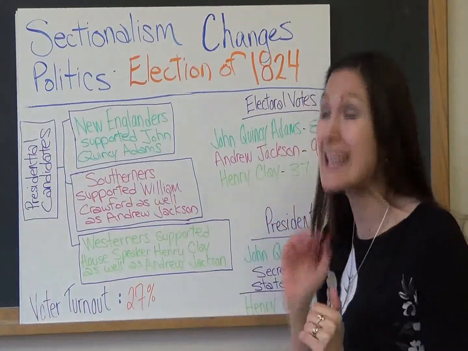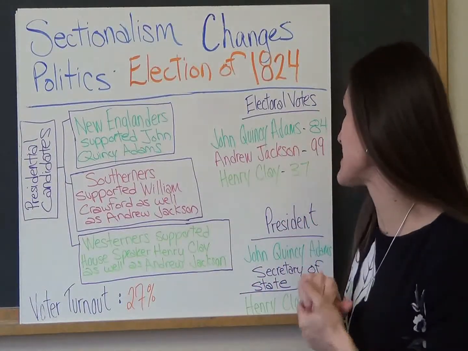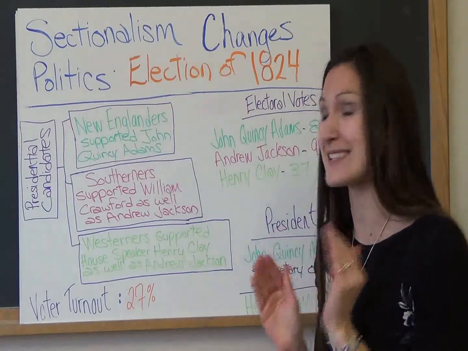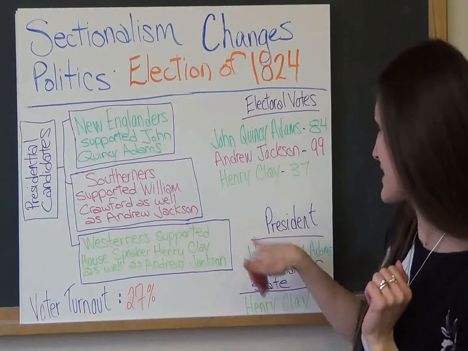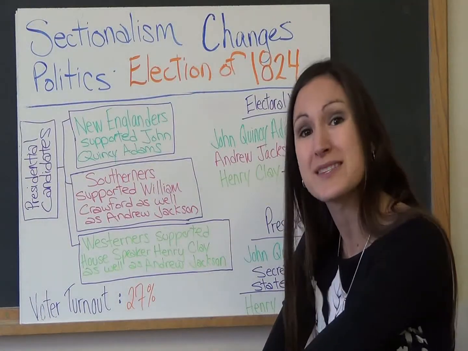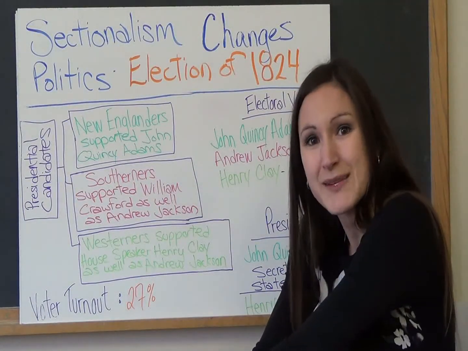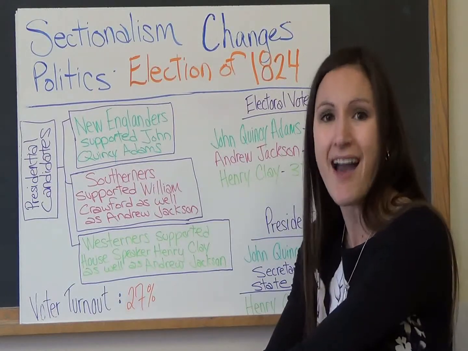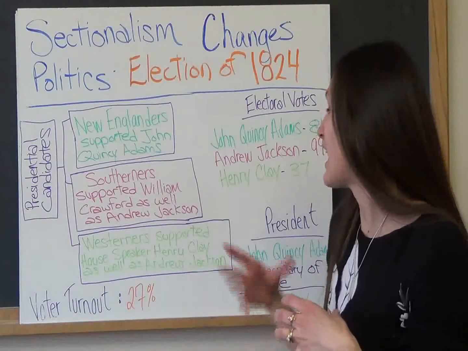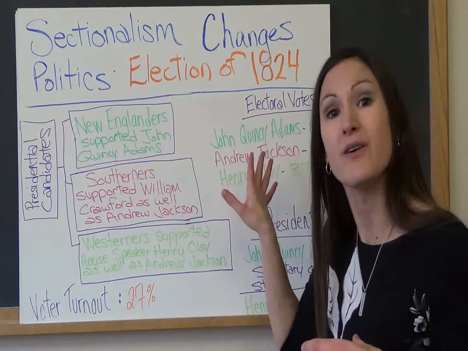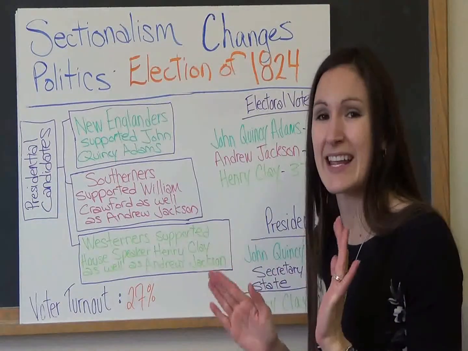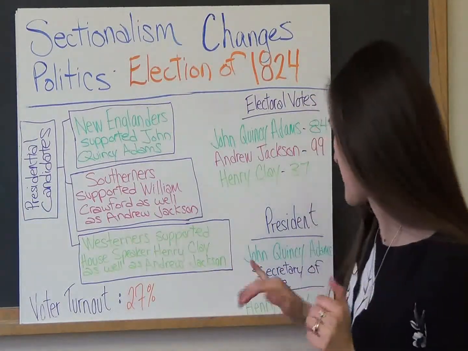Now, maybe he actually thought John Quincy Adams was the best candidate, but it seems a little sketchy because guess who was named president? John Quincy Adams. The House of Representatives voted, and they voted for John Quincy Adams, even though he did not have the majority of the popular vote. Or in the beginning, when they first did the electoral vote, Andrew Jackson had more than him. Now, this is where it gets a little sketchy.